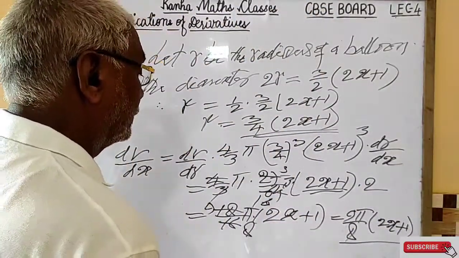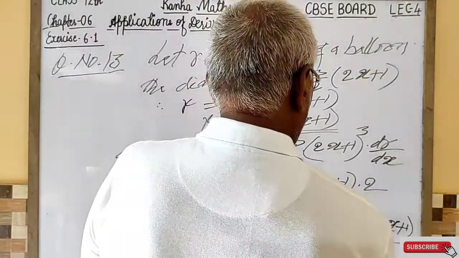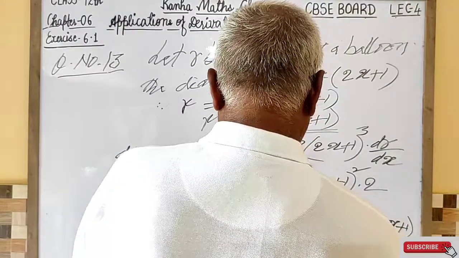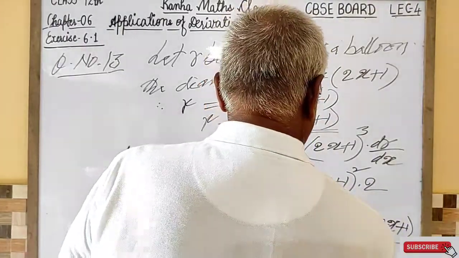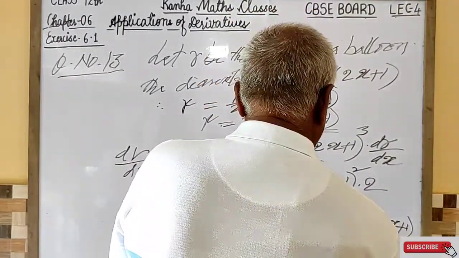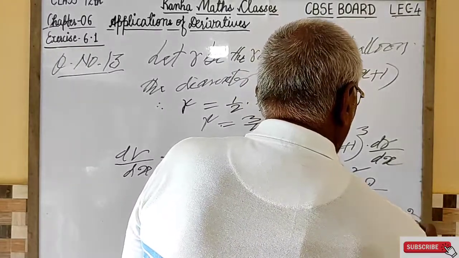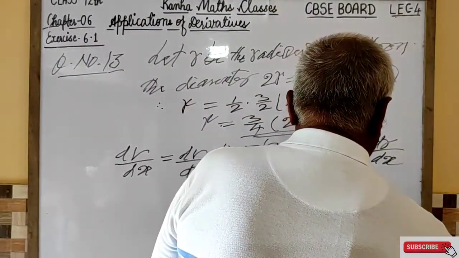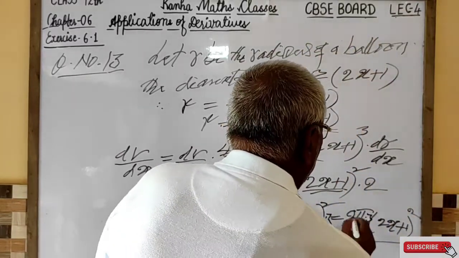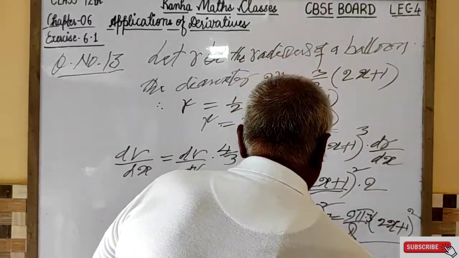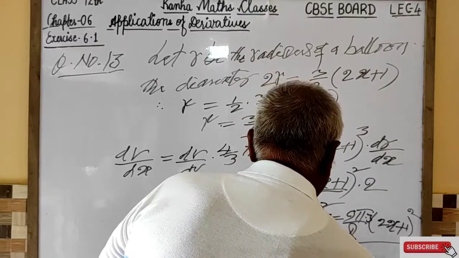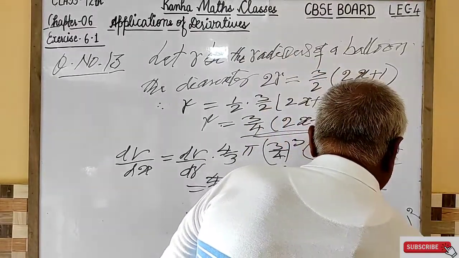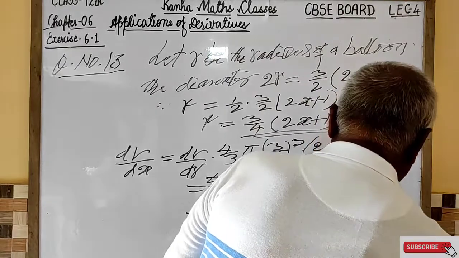Now square, or into 3. Now 3 27 into 3. This will become 9 3s are 27 pi upon 8 into (2x plus 1) whole cube. This will be the answer.